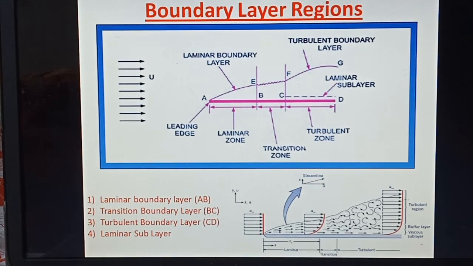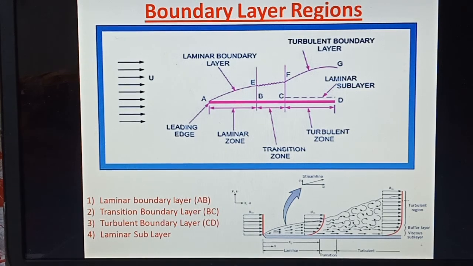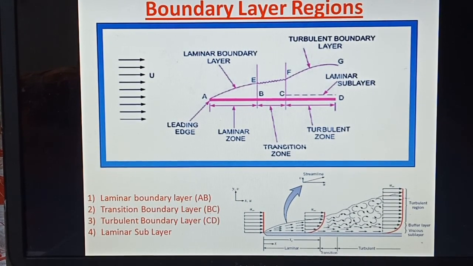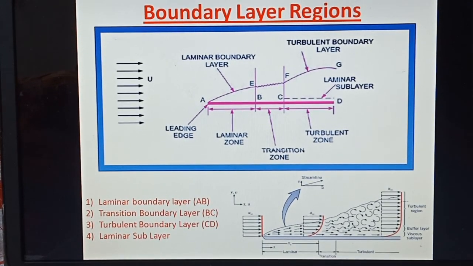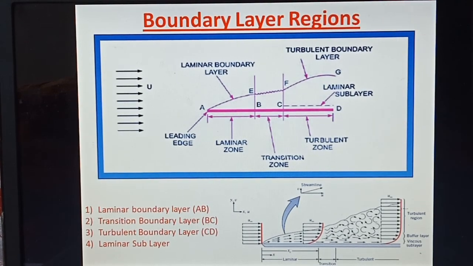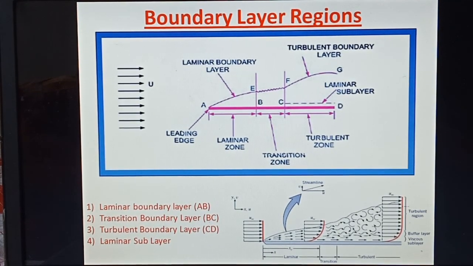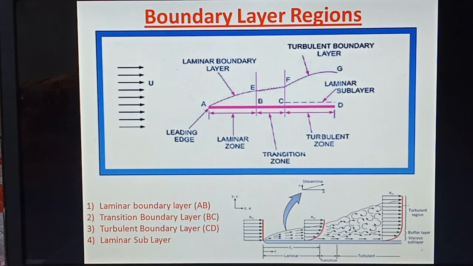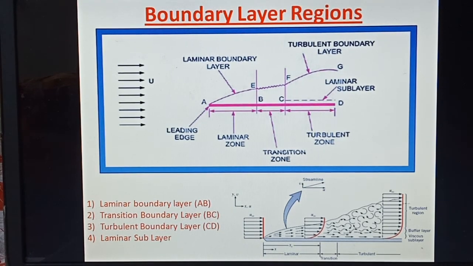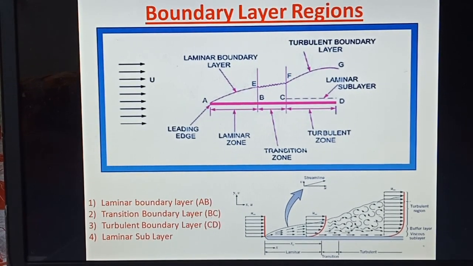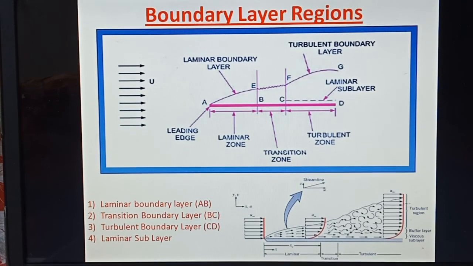This shear stress produces resistance to the flow of a fluid, and near the surface of the plate, because of the shear stress, the fluid motion is retarded, and hence the boundary layer is created near the surface of the plate. So this is the main reason for the formation of boundary layer. The shear stress produces retardation to the flow, and because of the retardation, the boundary layer starts. Boundary layer starts from the leading edge of the plate.